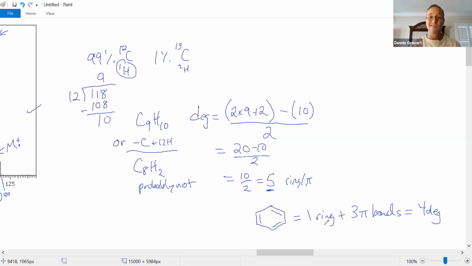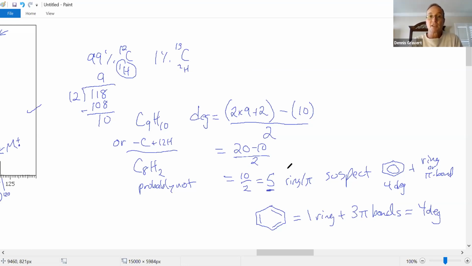It's not a guarantee though. It may not have a benzene ring. Just be a little cautious. So that's my suspicion. I suspect a benzene ring, where the shortcut for benzene, that's going to carry 4 degrees, 1 ring, 3 pi bonds, and then there's going to be another ring or another pi bond to add up to 5.